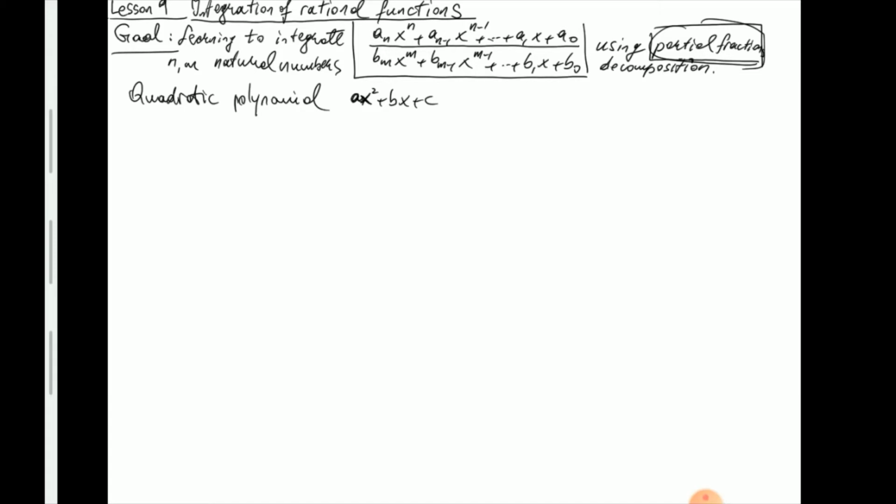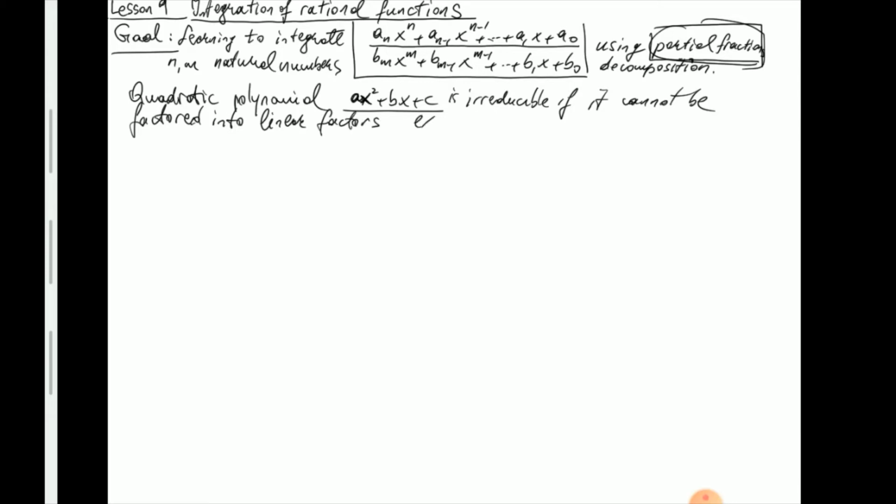So if you have a quadratic polynomial, there are essentially 2 types of polynomials of degree 2, those that can be factored further and those that are irreducible. So a quadratic polynomial is irreducible if it cannot be factored into linear terms, into linear factors.